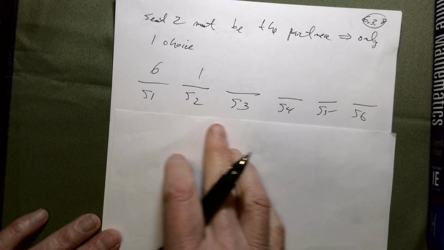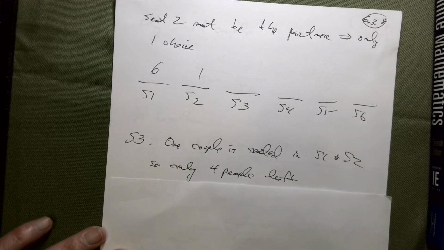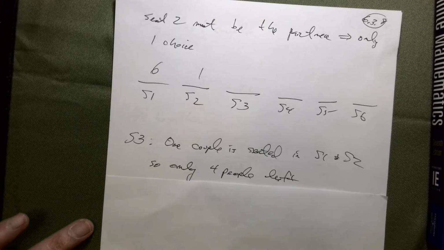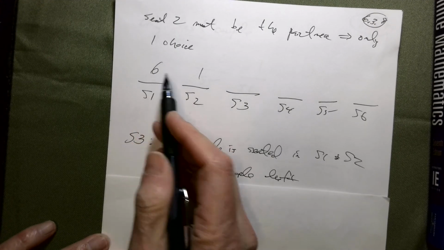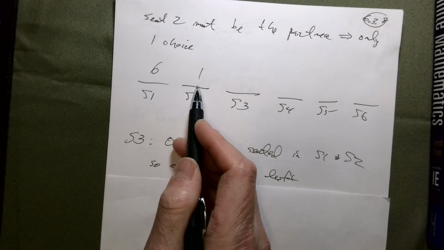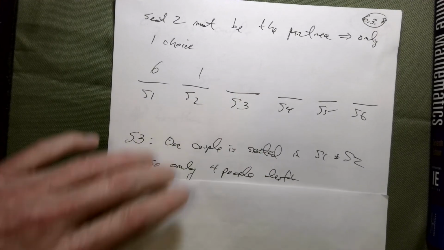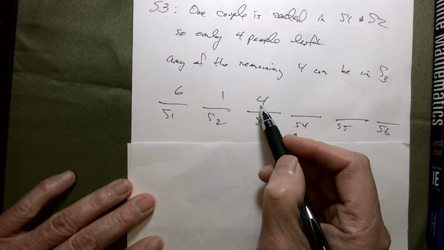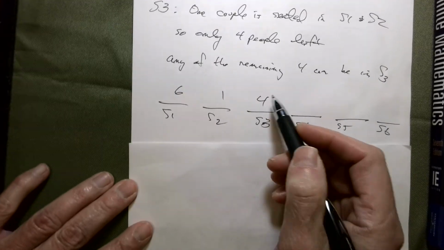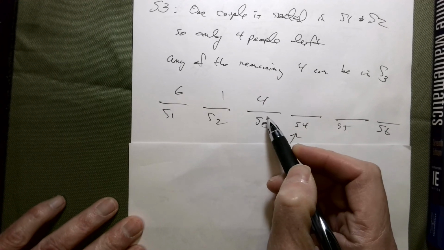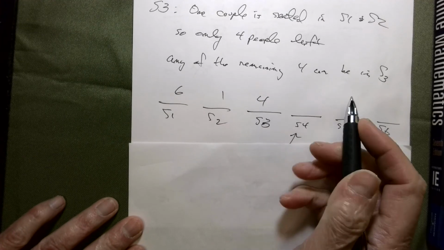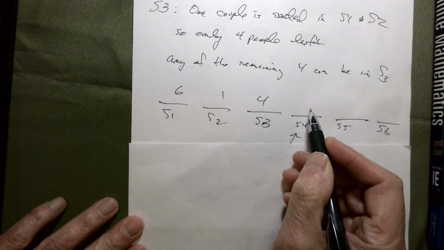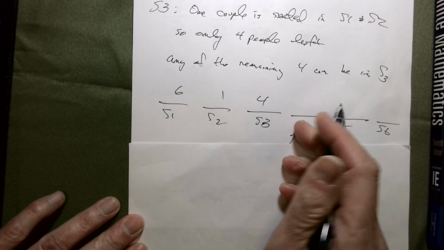How many people are left? 4. Remember, you have one person here, one person here. You've used up 2 out of the 6, which means you only have 4 left. What does that mean? One of those 4 people can sit in this slot, which means there can only be one choice to sit here.